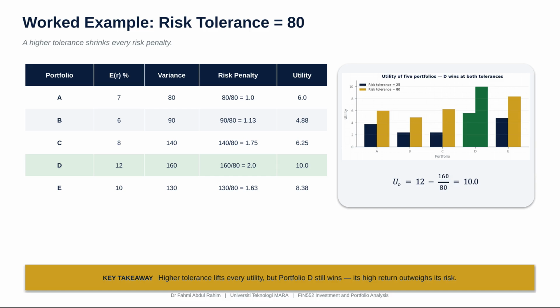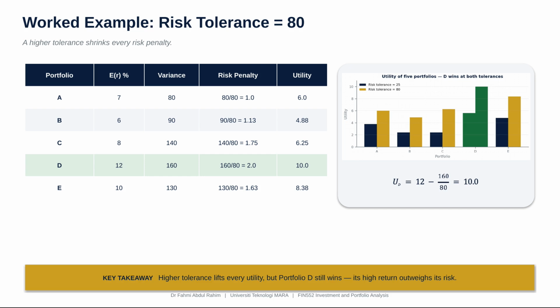Now the same 5 portfolios, but for a much bolder investor whose risk tolerance is 80 rather than 25. Watch what happens to the penalties. Because we now divide the variance by 80 instead of 25, a much bigger number, every risk penalty shrinks dramatically.